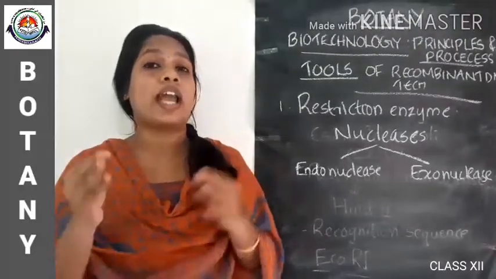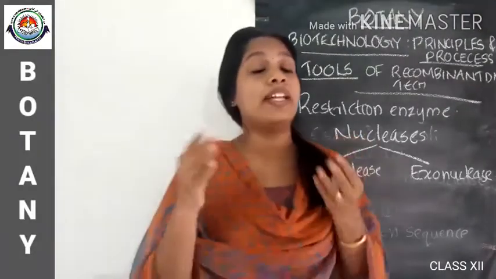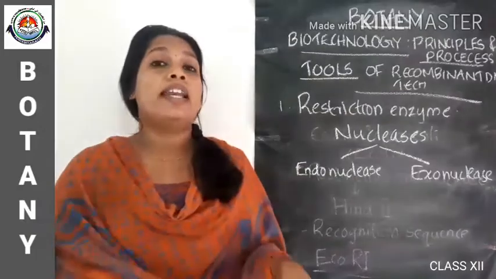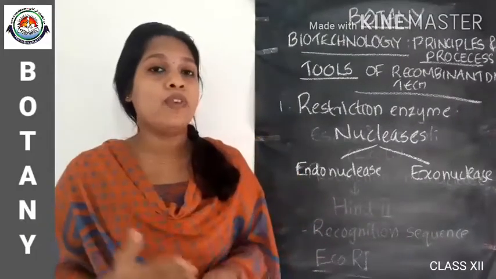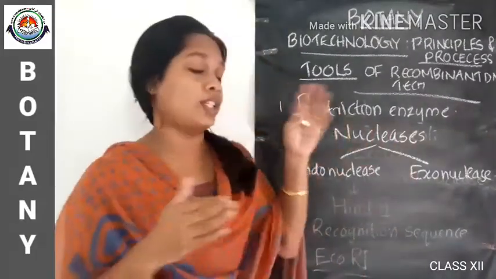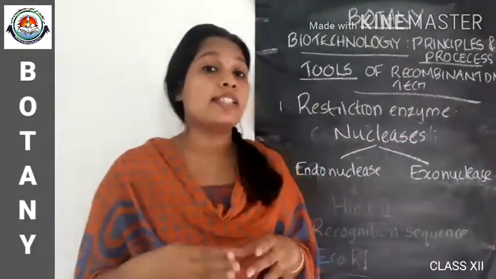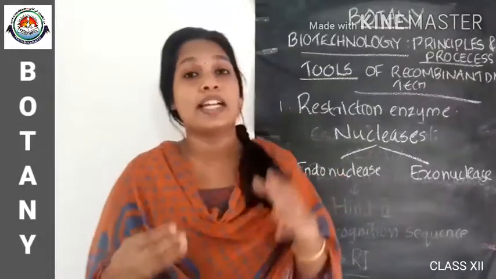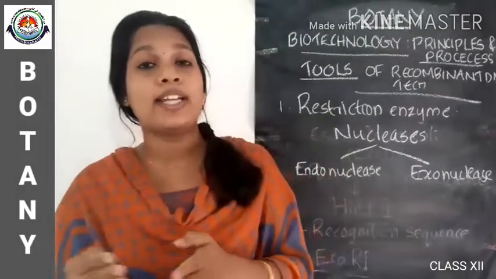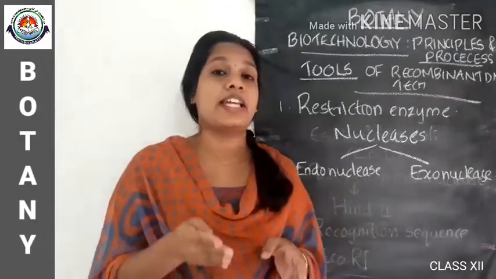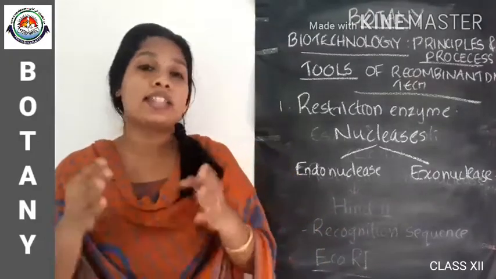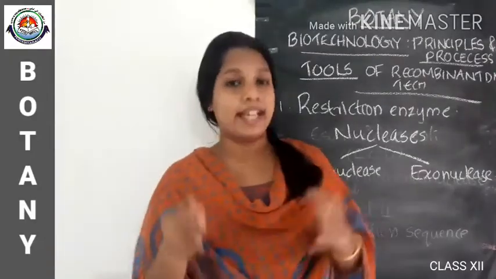Each restriction endonuclease will make a cut by inspecting the length of the DNA, and when the restriction enzyme recognizes the specific DNA sequence, that is the recognition sequence, it will bind to the DNA and cut each strand of the DNA double helix.